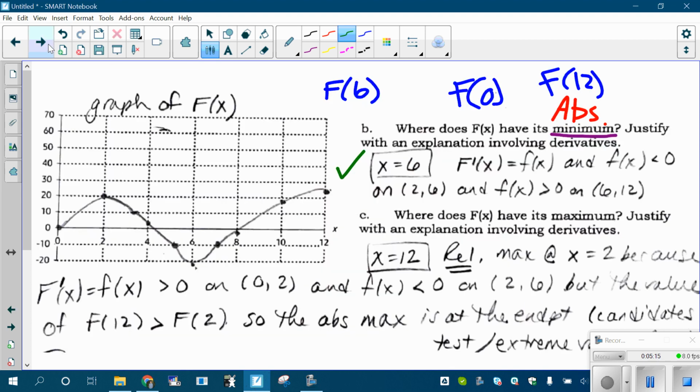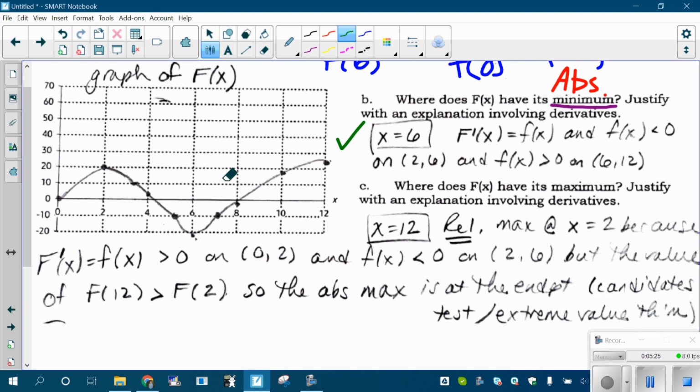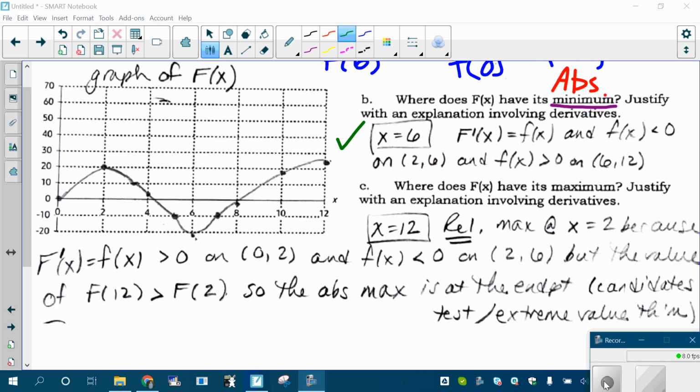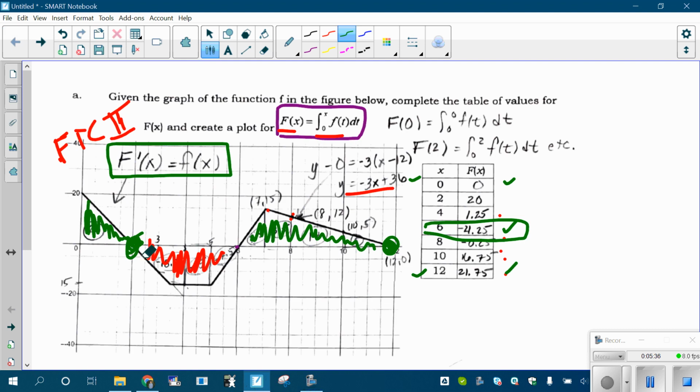But if I'm going to use calculus, I'm going to use candidates test. I'm going to test the endpoints, compare them to the critical numbers. So again, what we're doing here is saying that the derivative of big F is little f. I have a relative max at 2 because my derivative goes from positive to negative.